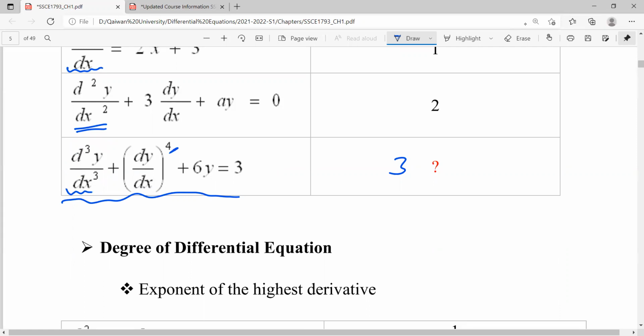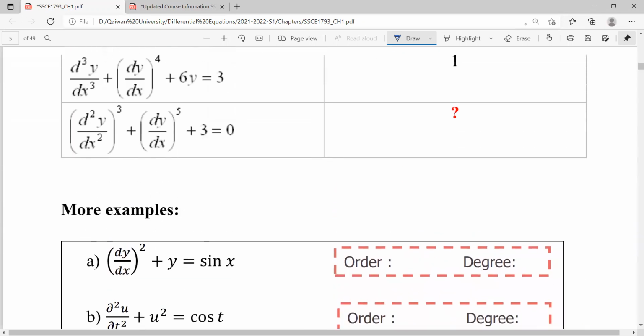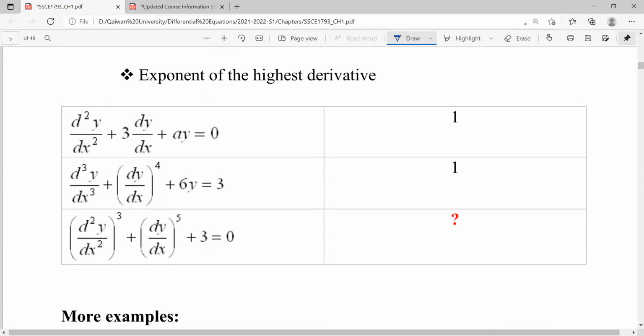Returning to the examples. For the first one, we have d squared y by dx squared plus 3 dy by dx plus ay equals 0. Here, the order is 2. We should know the order before finding the degree. The order is 2, and the degree is the exponent. As we have no exponent here, its exponent is 1. So the degree is 1.